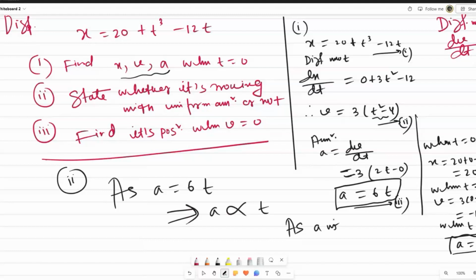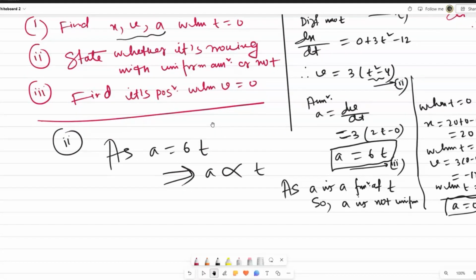As a is a variable function, I mean, if it is a constant function, okay. But it is a variable function. It is a function of time. So a is not uniform. Clear? Yes. A is not uniform.